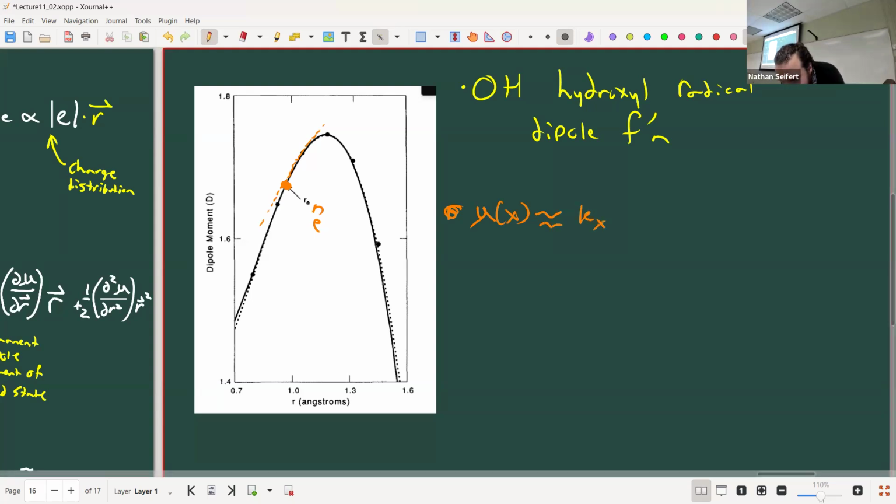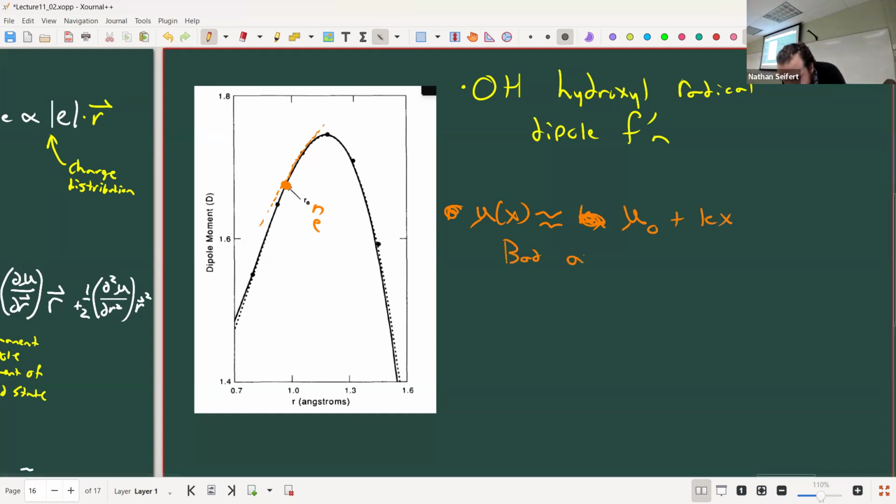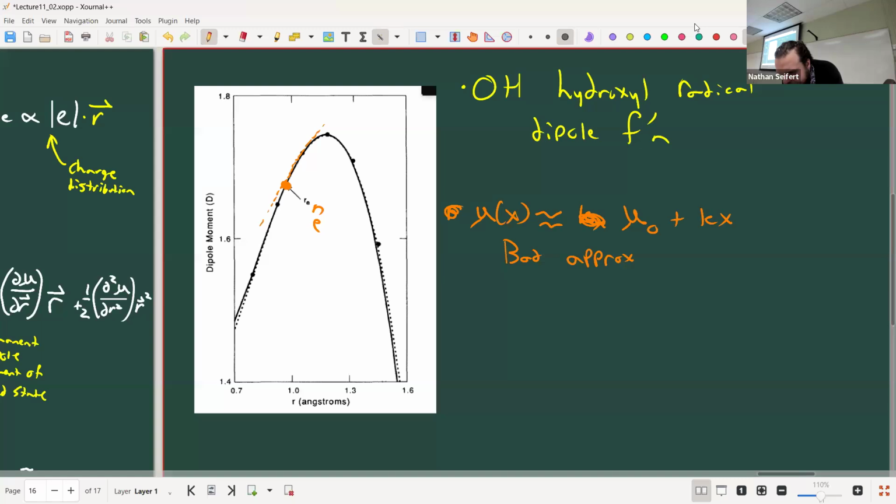And so here, using mu 0 plus some number times x is a bad approximation. Rather, you would want to fit it to a quadratic function instead. Something like that.